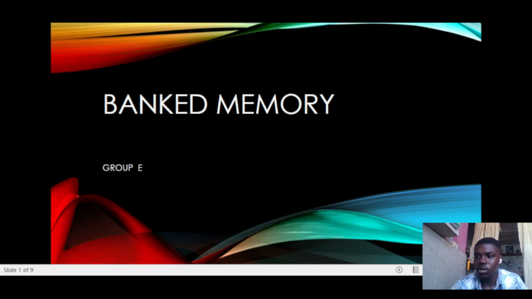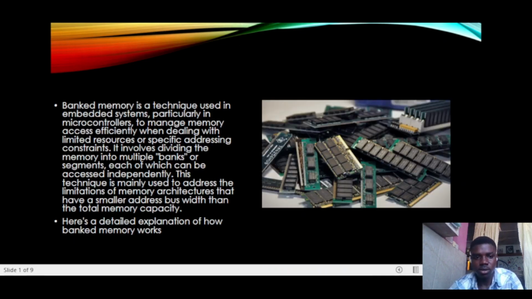So let's discuss the method termed bank memory. I want us to take our mind back to the concept of storage when we learned storage devices over the years.